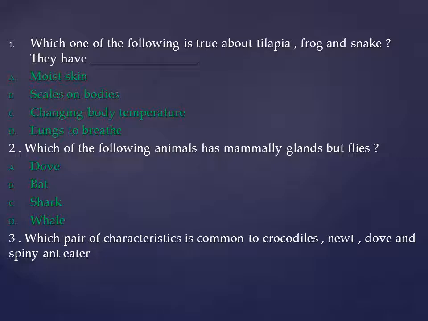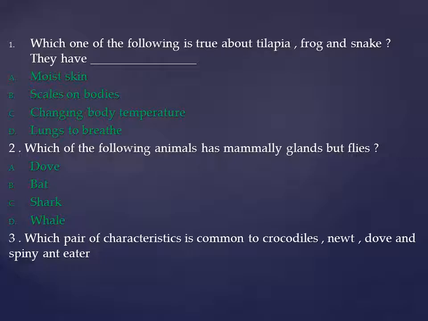So, the correct answer for number 1 is choice C, changing body temperature. Number 2, which one of the following animals has mammary glands but flies? What are some of the points you should have on your fingertips? 1, bat is a flying mammal.